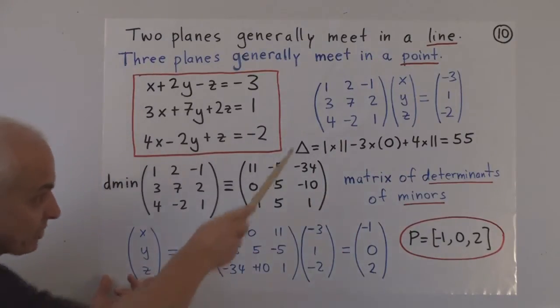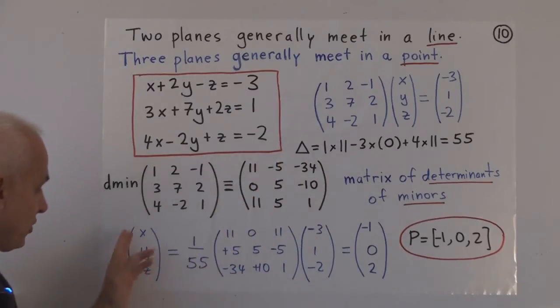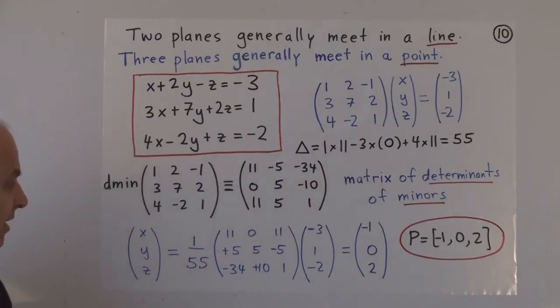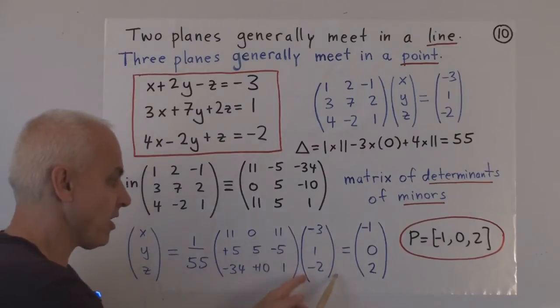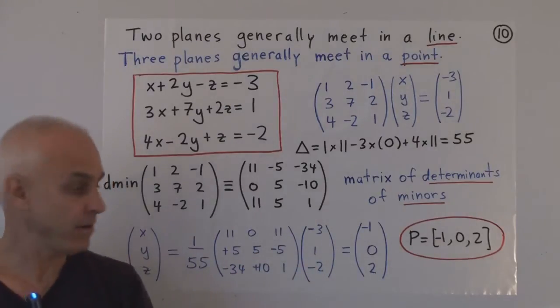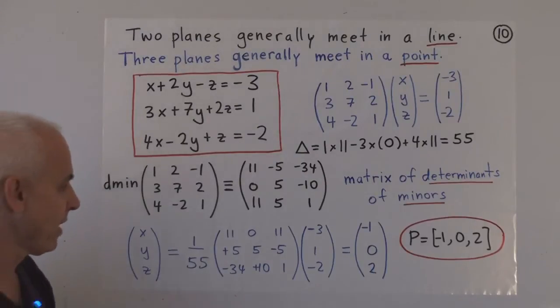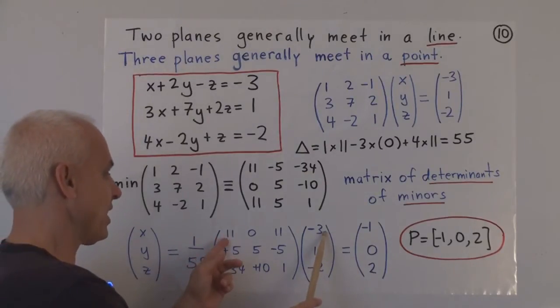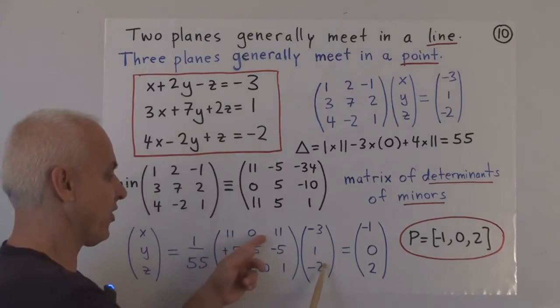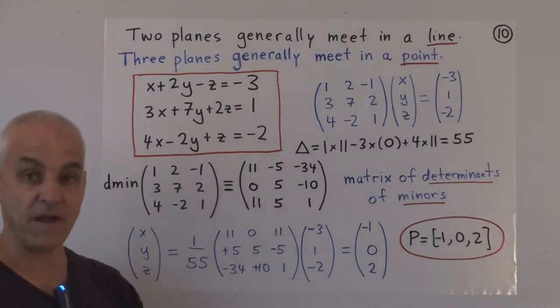And I've multiplied both sides by that inverse matrix. So there's just x, y, z on the left-hand side. And now we have the inverse times our vector minus 3, 1, minus 2. And what do we get? Minus 3 times 11, that's minus 33, plus 0, minus 22, that's minus 55.